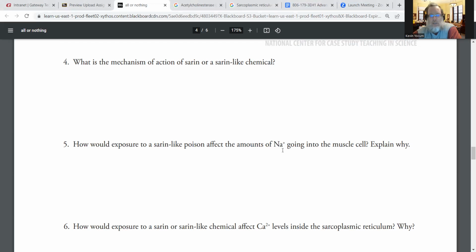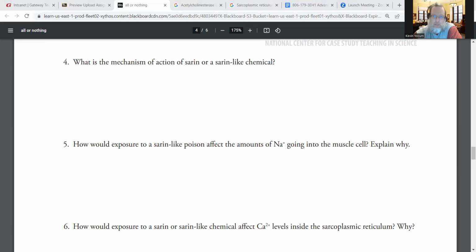How would exposure to a sarin-like poison affect the amounts of sodium going into the muscle cell? Well, hopefully you've watched the video, but if not, you will at some point. One thing we know about the dominoes falling to get a muscle to contract is that the first spritz of chemical from the presynaptic knob is going to be acetylcholine.